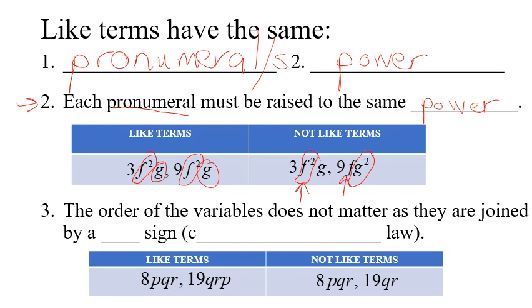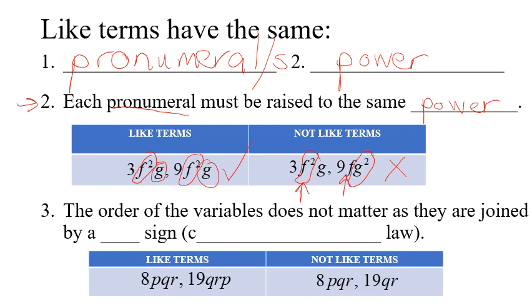So if you have, say, an A that's been cubed, then in the other term, it also must be cubed. If you have a C squared in one term, then it must be C squared in the other term. It's not enough just to have the same letters and powers moving around. Each pronumeral must be raised to that same power in every single term. And that's why these are not like terms, but these ones are.